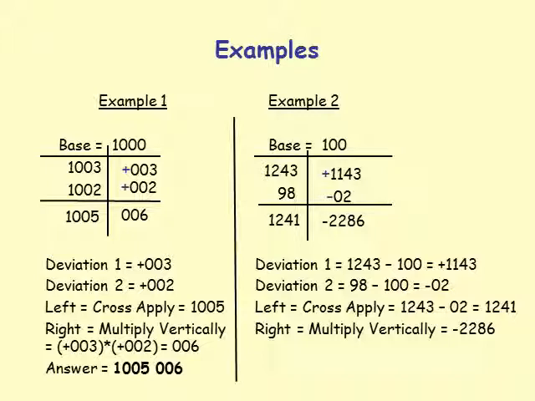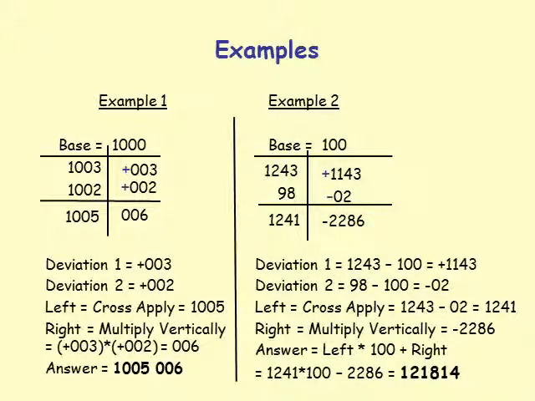This is a negative number and it doesn't have the required two digits. So we do left times 100 plus right, which is 1241 times 100, 124100, and minus 2286 is 121814.